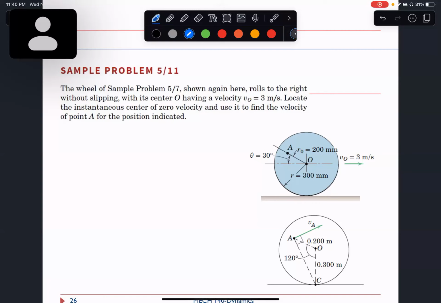Okay, so again, please read the problem. So we know it rolls to the right without slipping, and we know the velocity of the center O. Because this is not slipping, this means that C has zero velocity.